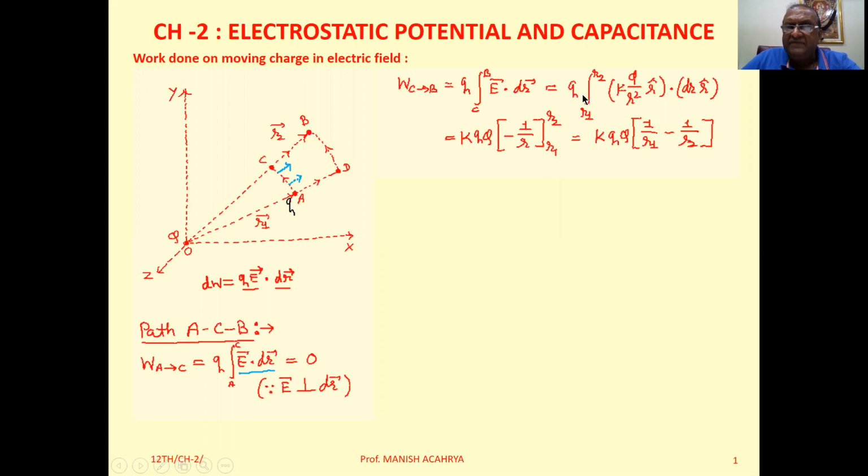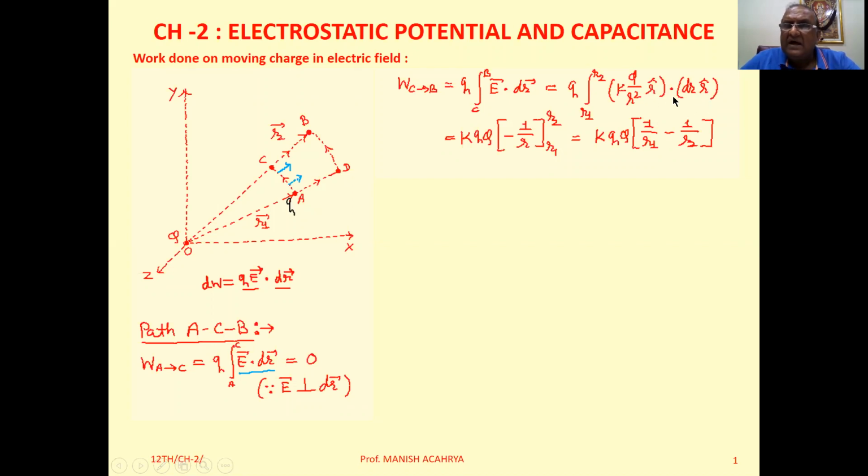Now the electric field at a distance R is KQ upon R square, and in vector form we can write KQ upon R square into R caret dot dr, that is dr into R caret, because here the electric field and the displacement of our charge small q are both in the same direction. So the unit vector for electric field and the unit vector for displacement are considered the same, R caret, R caret.